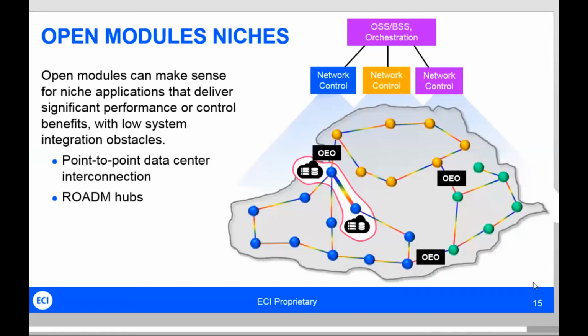So in one particular case, I've isolated what I call data center to data center interaction, or pure DCI. What characterizes DCI is usually shorter path lengths, typically less than 80 kilometers, which means you don't need to use any mid-span amplification.